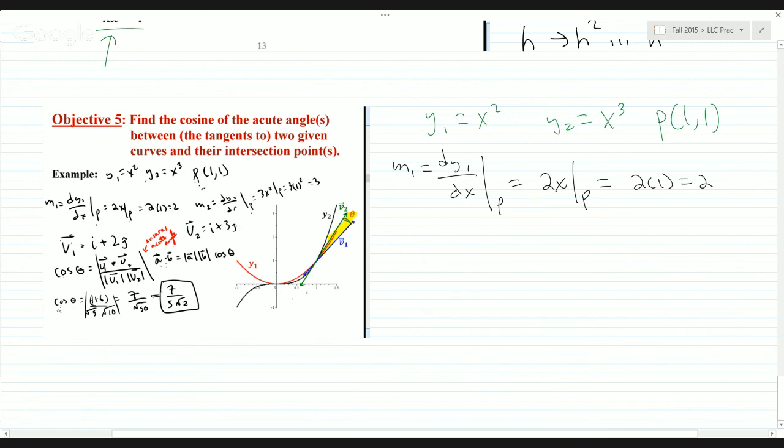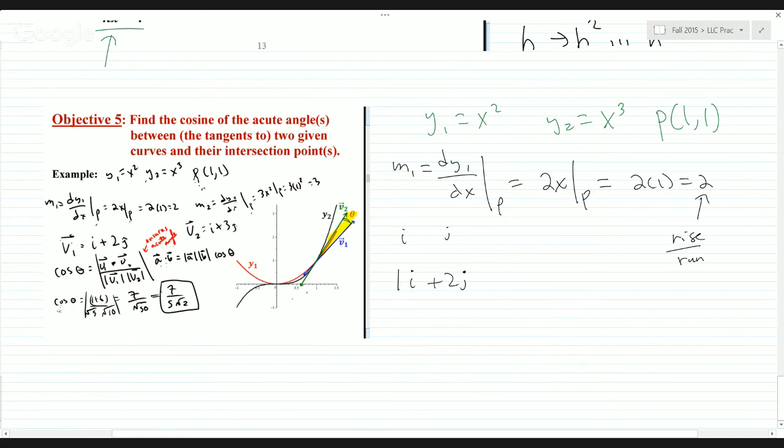All right. So now, a slope tells us the rise over run. A basic vector is made out of i and j components, right? So since the slope is 2, it's basically saying 1i plus 2j.